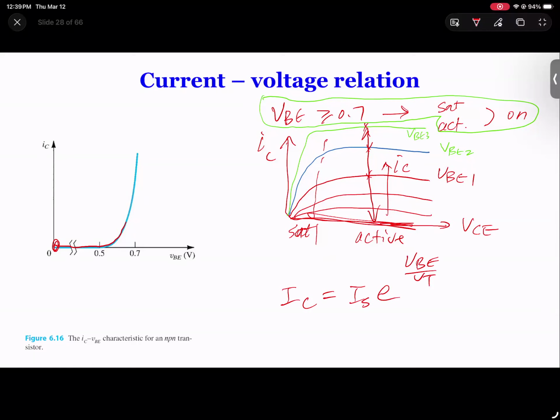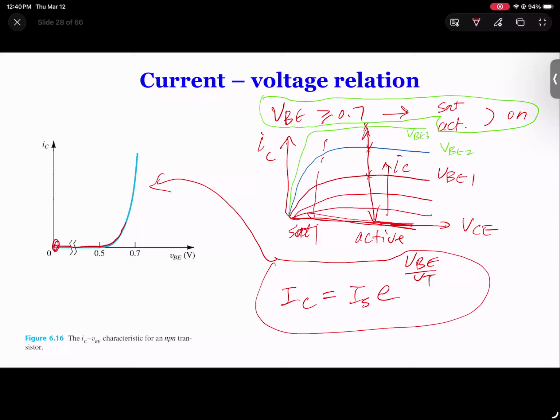So this is the equation that we use to calculate this diagram. The previous one shows current IC as a function of VCE, with a group of curves, but this one purely draws IC as a function of VBE.